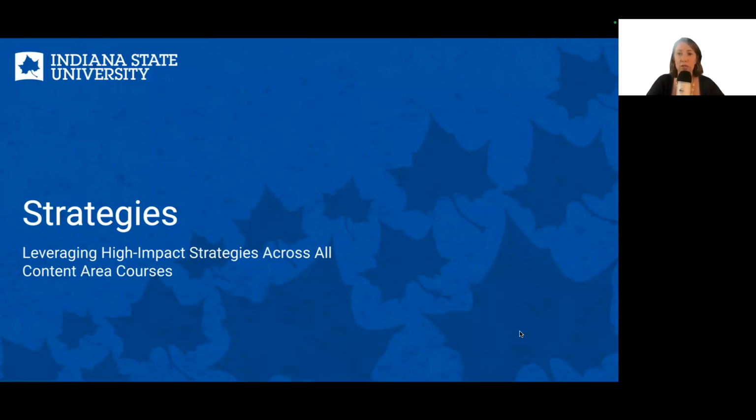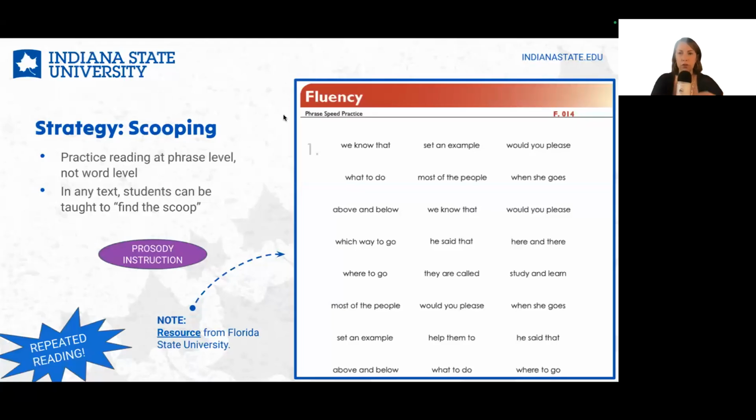Once you get science and social studies teachers utilizing literacy practices in their classroom with their content area text, school achievement skyrockets. That is the hinge point: the science and social studies teachers, or content area teachers, getting on board, and there being common reading comprehension strategies and language. So the first strategy I want to share with you is called scooping.